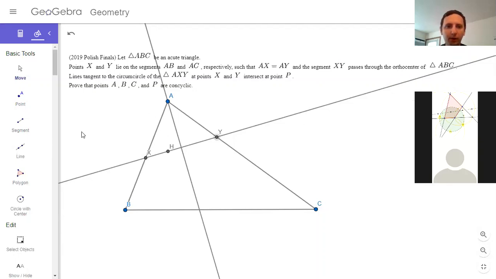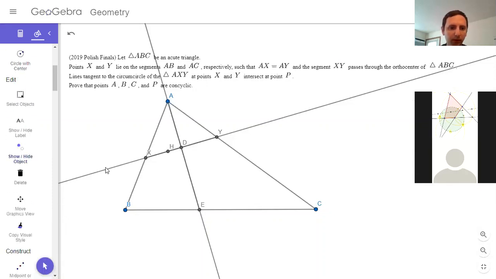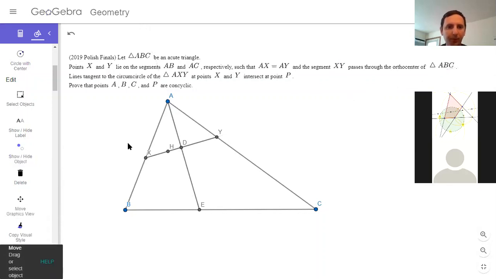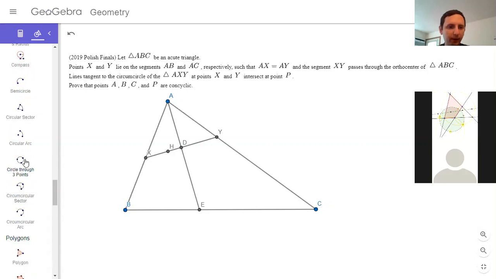And then I'm going to hide a couple things so it just looks a little cleaner. And then we draw the circumcircle of AXY.